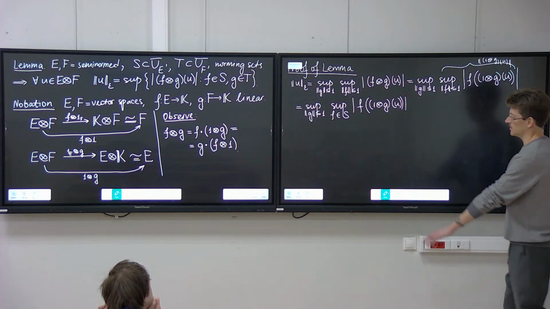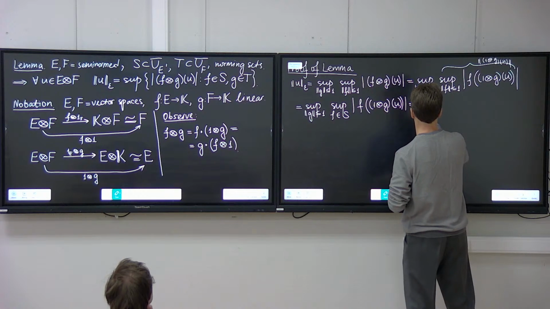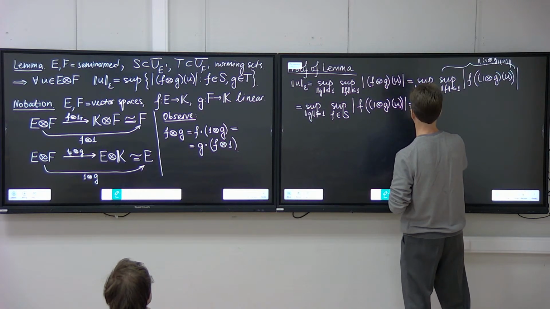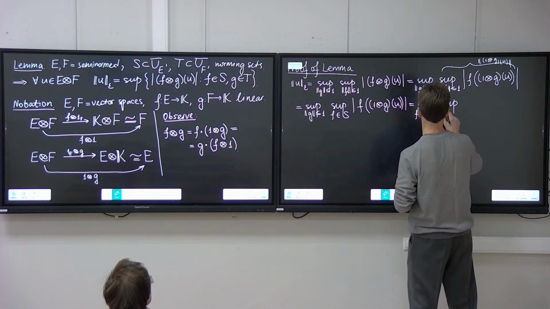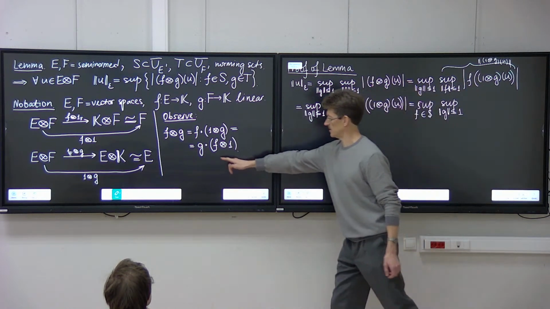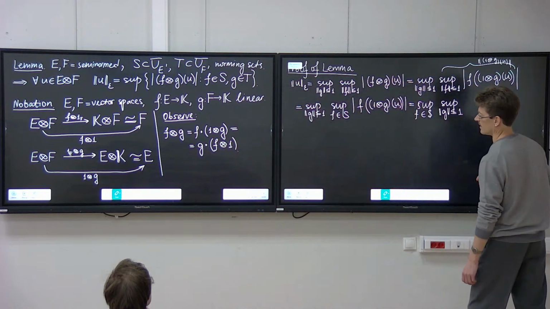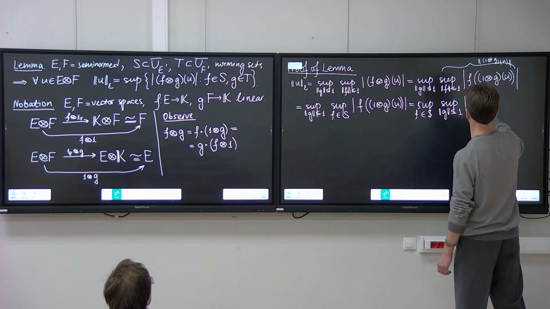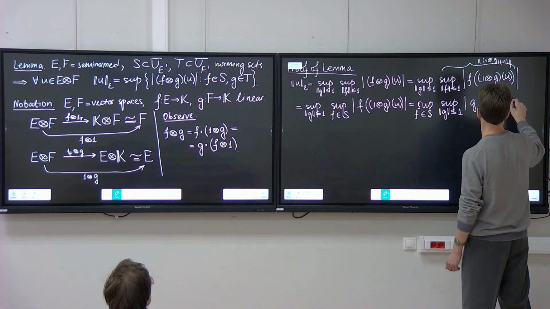Okay, now we interchange the suprema. Supremum over S, supremum over the unit ball. So G runs over the unit ball. And now we write this element in an equivalent way, namely this way. This is G applied to F tensor 1 of U.